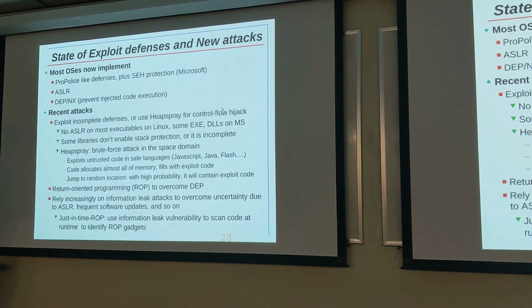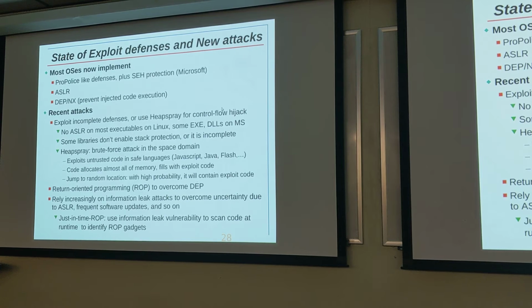So, for instance, address space randomization makes it difficult to figure out where is the code that you want. To deal with that, attackers came up with a technique called heap spray.